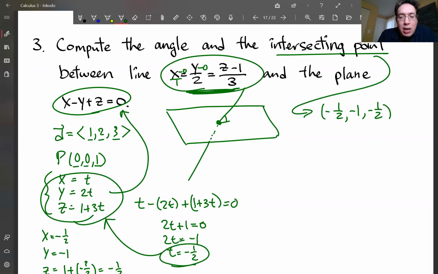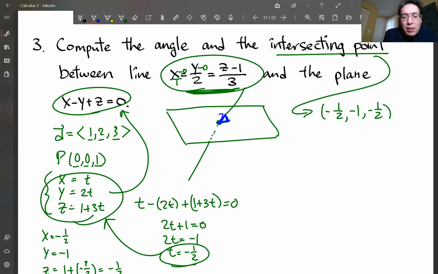All right. Now let's look at the angle. So this is a little bit more difficult question. So the line makes lots of different angles with the plane, depending on where you place the protractor. But again, when people ask for intersecting angle, they usually mean what is the smallest angle they make with the plane.